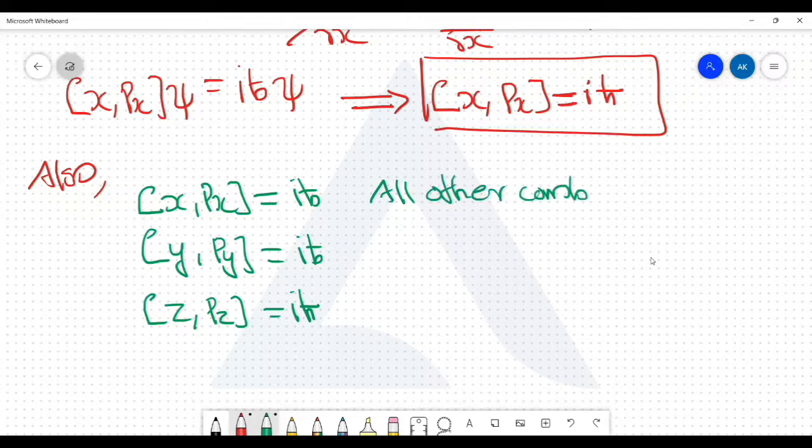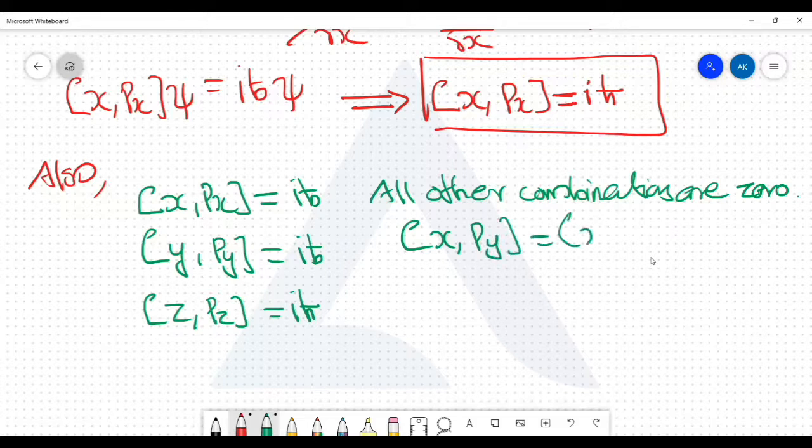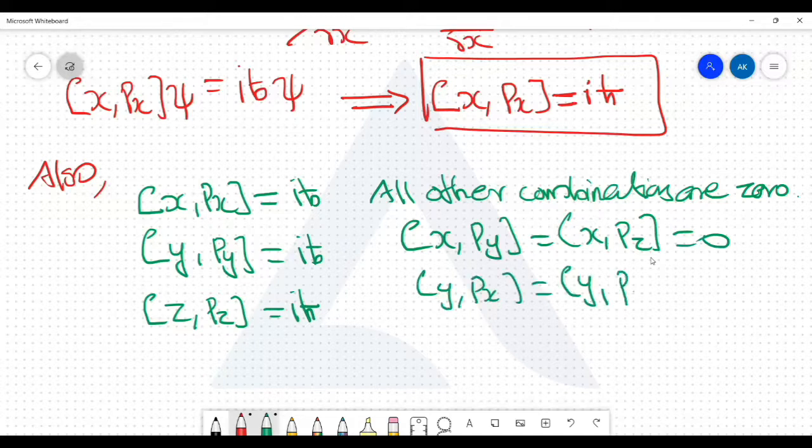Which means [x,py] equals [x,pz], these are 0. [y,px] equals [y,pz] is 0.